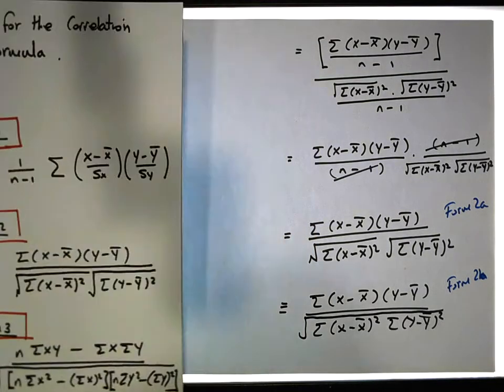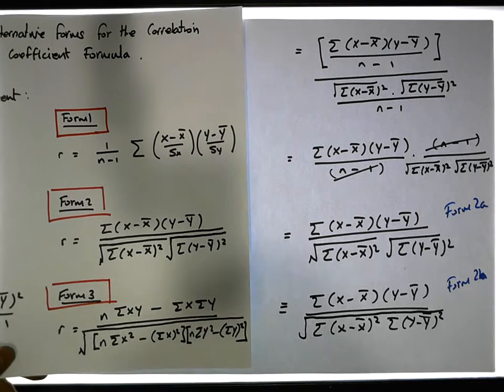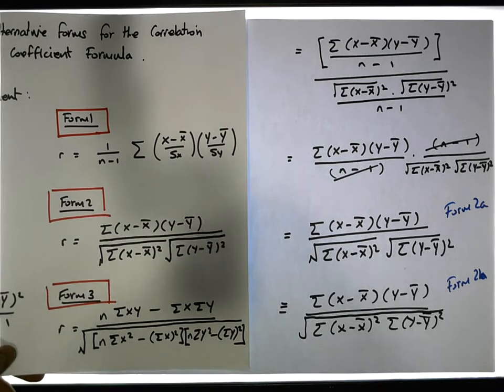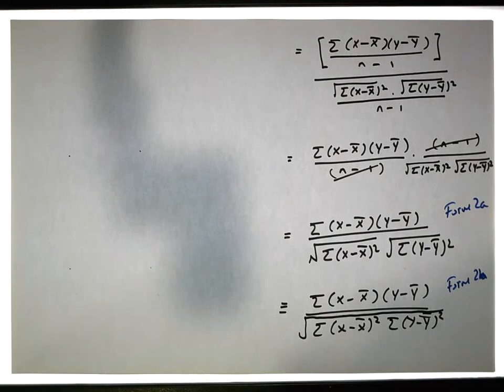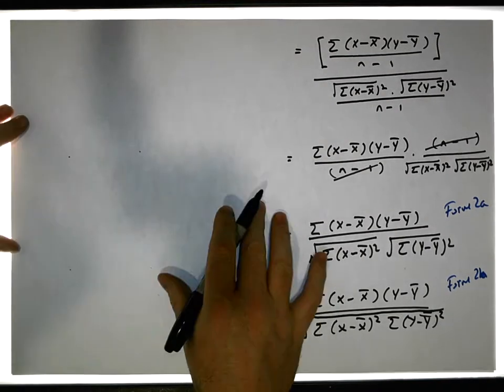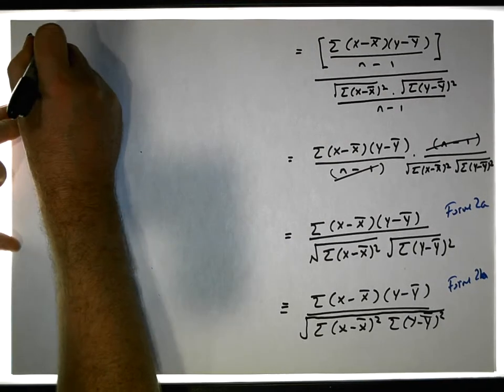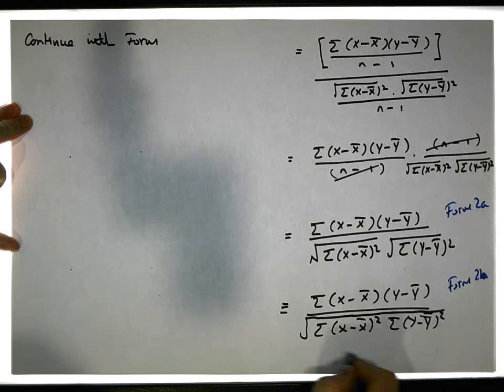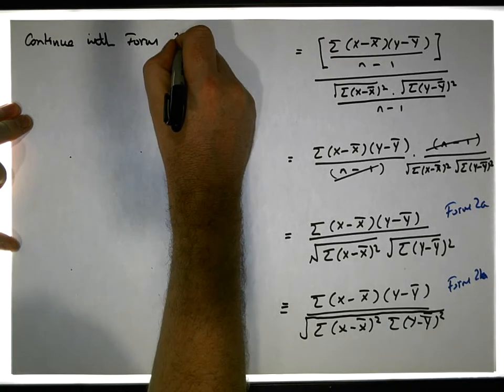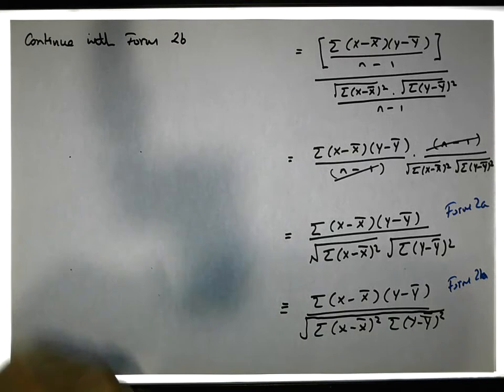To get to form 3, I'm going to take form 2 of the formula and multiply it out. Let's continue with form 2b and see how we get on.